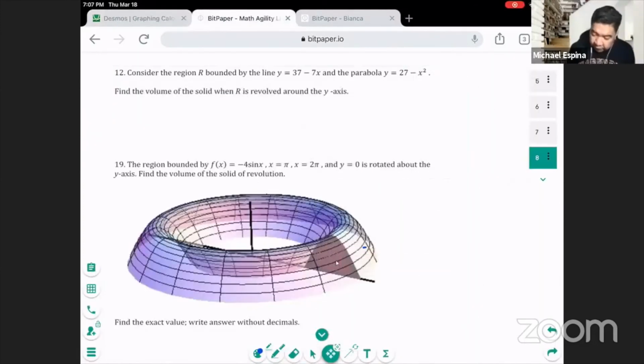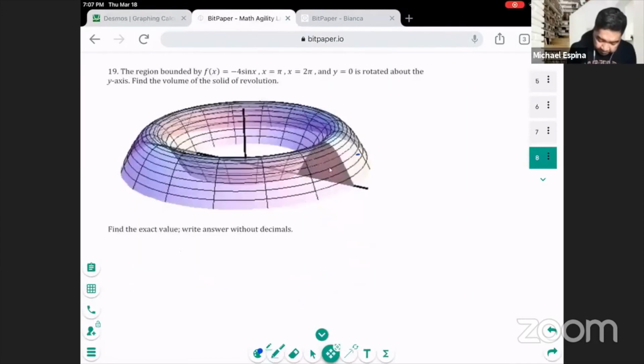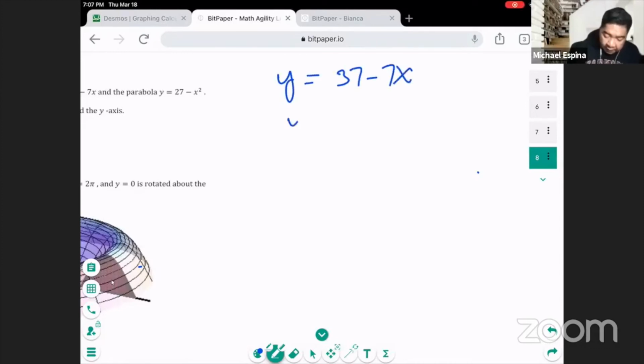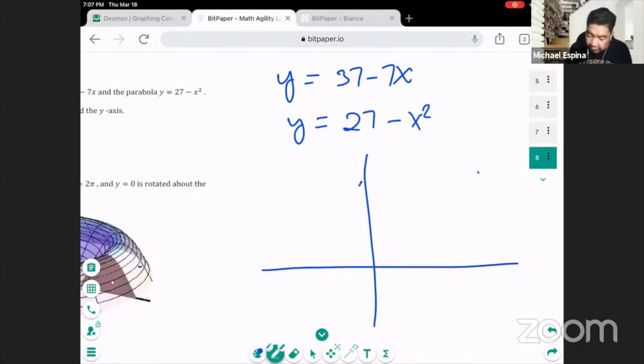Okay, let's try to draw it. Given our line is 37 minus 7x and the parabola is 27 minus x squared, it's a downward parabola.